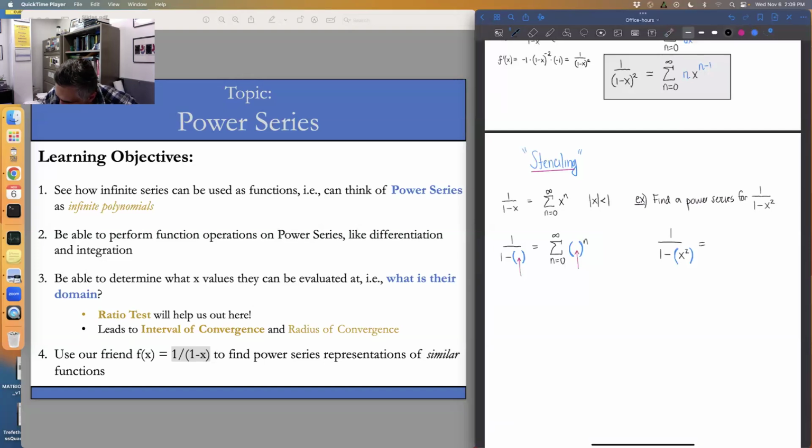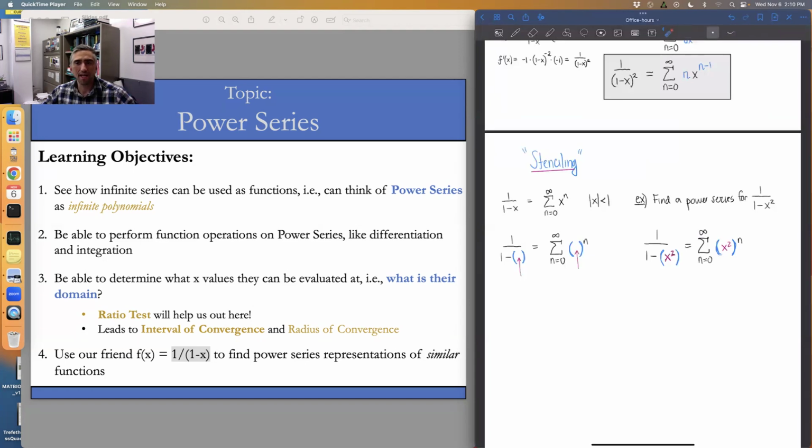And then we have on the right-hand side those parentheses raised to the power of n. So what we can put inside of these parentheses is the x squared, and then the x squared on the right-hand side as well. Just going to shift this over. And that is a power series for 1 over 1 minus x squared.